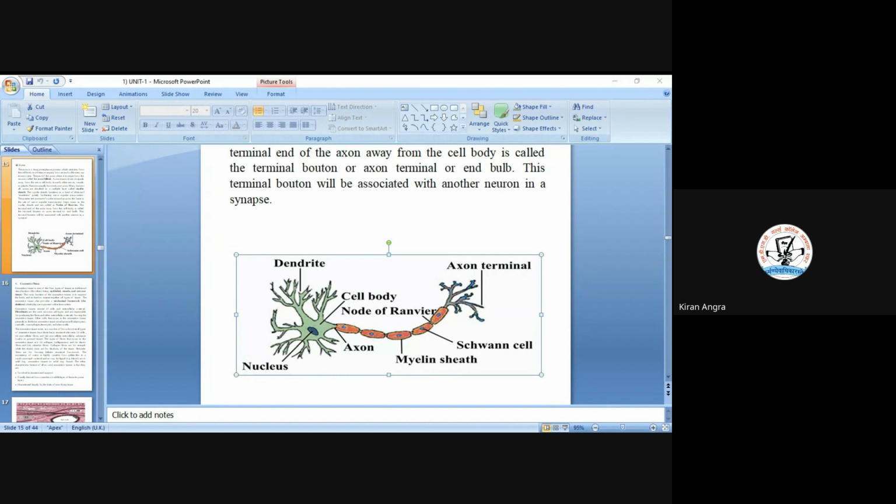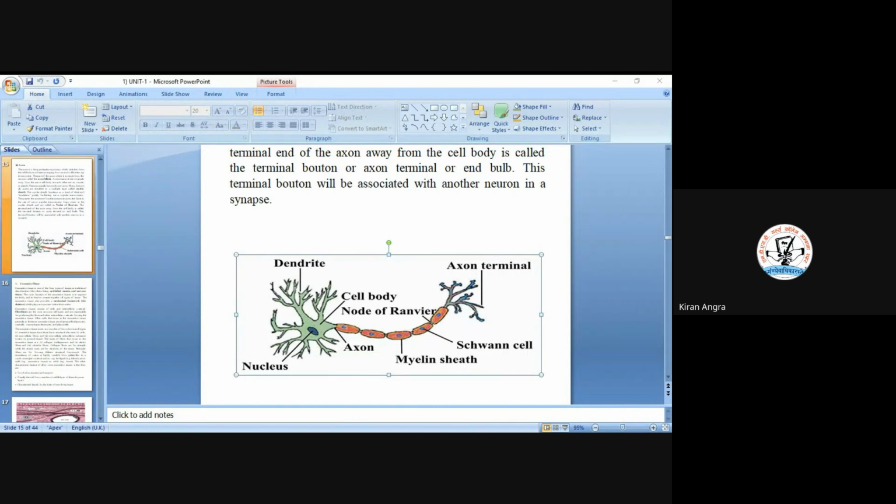The greater the amount of myelin around the axon, the faster is the rate of nerve impulse transmission. You are seeing the gaps that occur in the myelin sheath, and these are called the nodes of Ranvier.